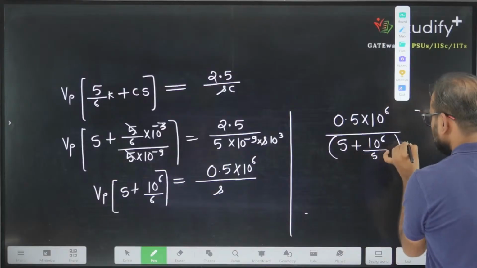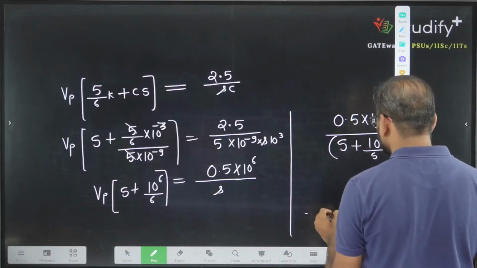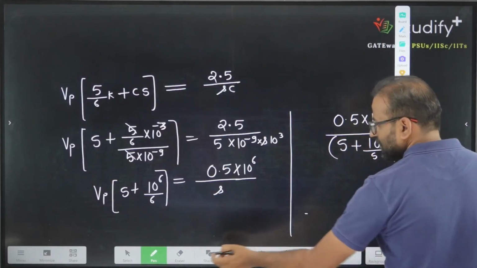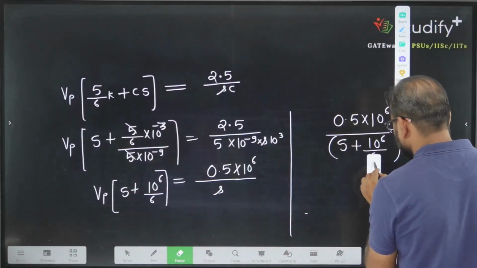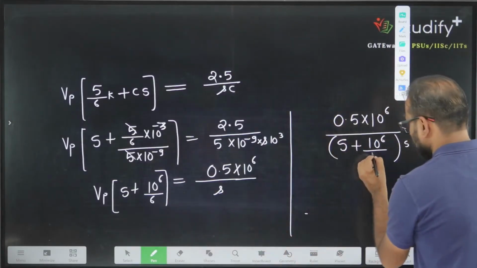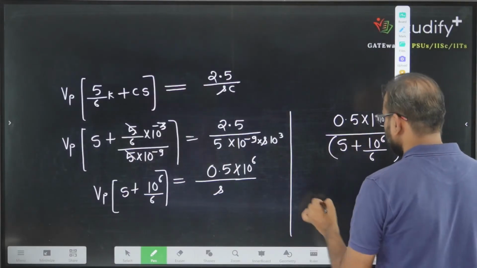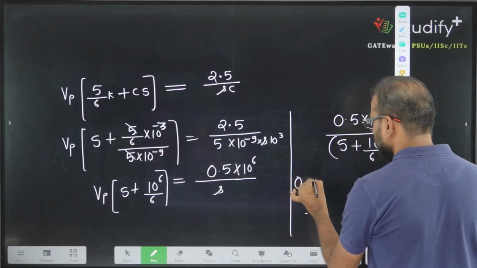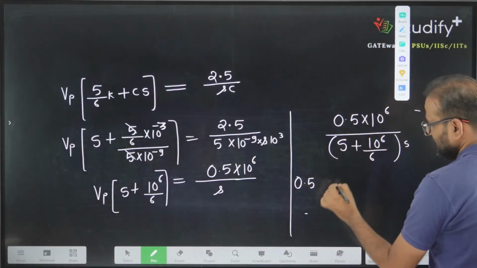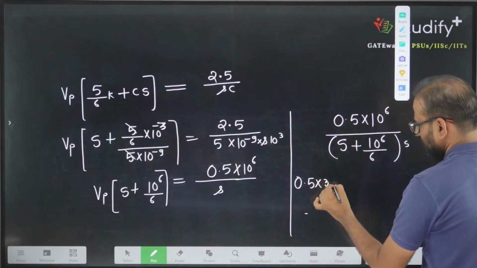When I take the inverse Laplace of this, I can write this value as 10 raised to the power 6 divided by 6. How will the inverse Laplace look? 0.5 I can take common, and 6 I can take common from here.